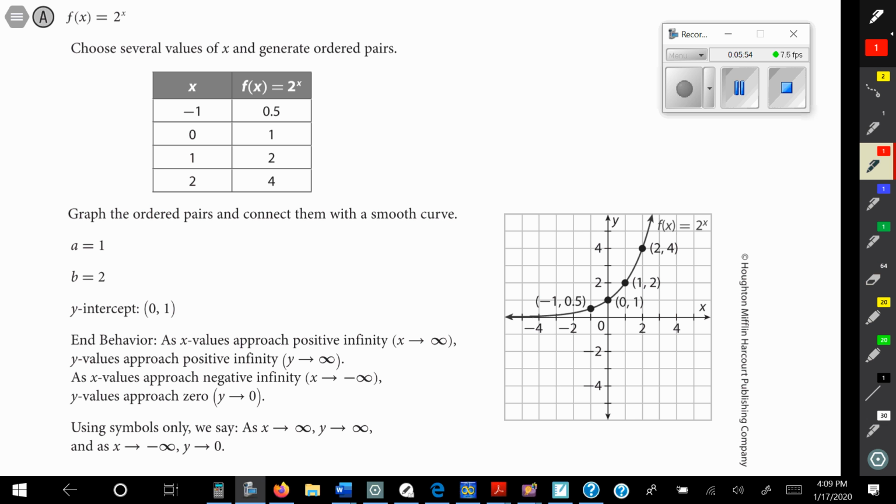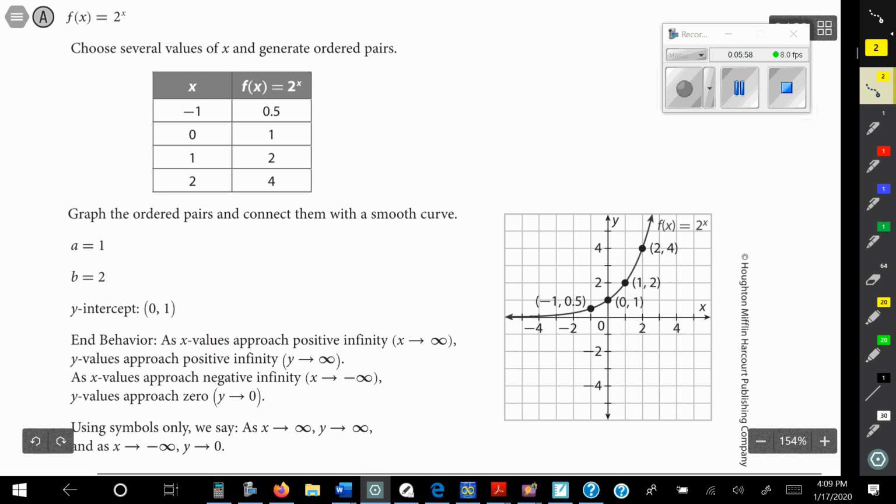Okay, here's an example of a problem that's already worked out. We're going to have the function f of x is equal to 2 raised to the x. What we want to do in this problem is determine what the a is, the b is, the y-intercept, and most importantly, find the end behavior. So we have 2 raised to the x.